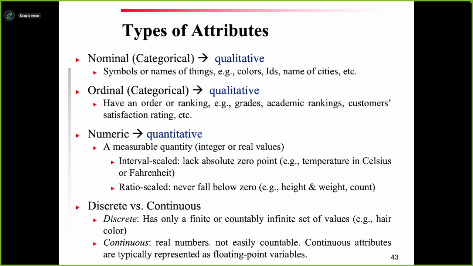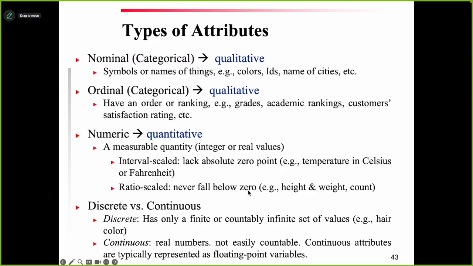Now, what if time is in terms of duration, like 5 minutes, 10 minutes? In that case, what would be the type of time? Is it ratio scale? Exactly, it's ratio scale, because first of all, it never falls below 0, so we cannot have a negative duration.